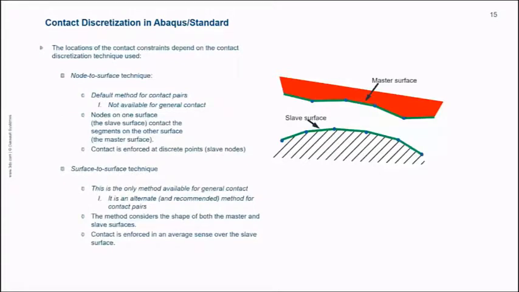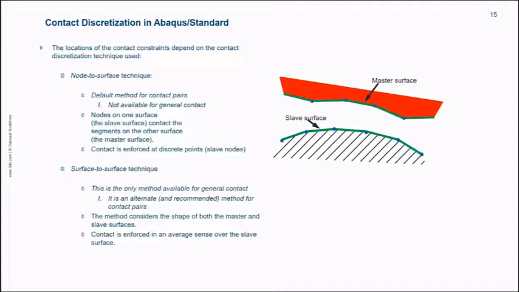So for the contact discretization, we have node to surface, which is the default for contact pairs. It's not available for general contact. And we have surface to surface, which is what's inside general contact. It's also recommended now for contact pairs. If you're a big fan of contact pairs, you can use the type equals surface to surface option to get this algorithm for the contact discretization.